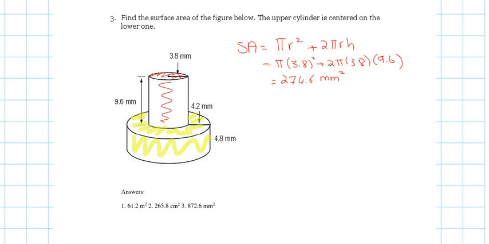So look at me for a second. Let's pretend this is the bottom cylinder and this is your top cylinder, right? You see that bottom circle is still part of my shape, okay? But if we're talking about the top cylinder, that bottom is not part of my shape because it's part of this circle, okay?